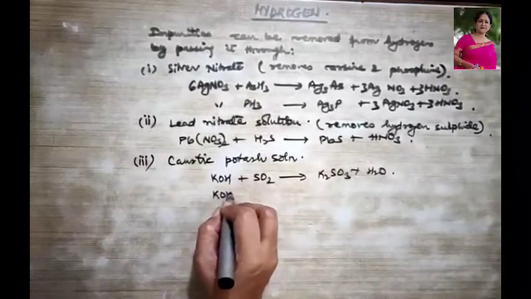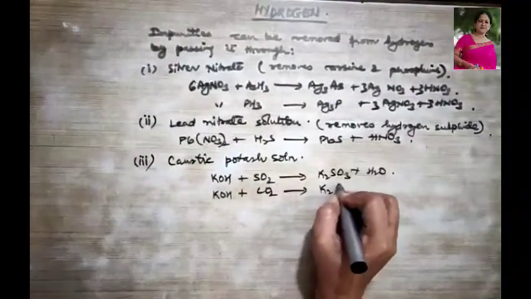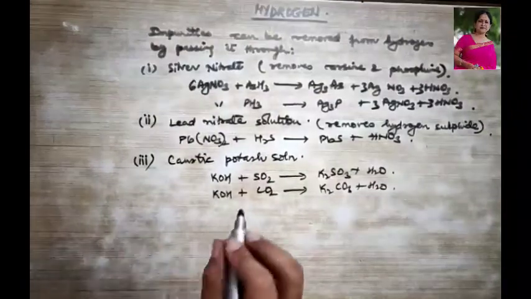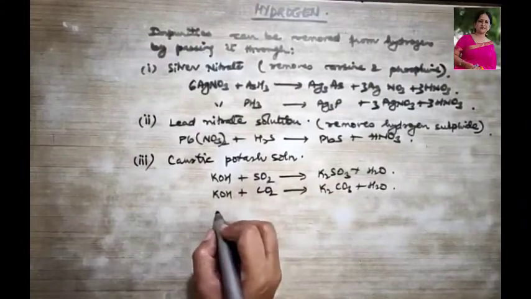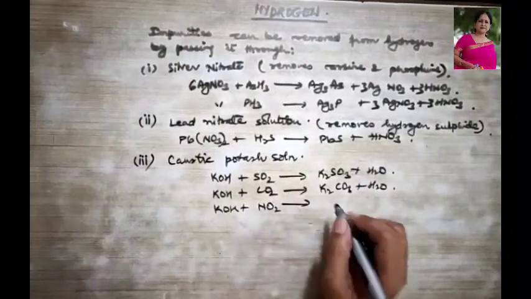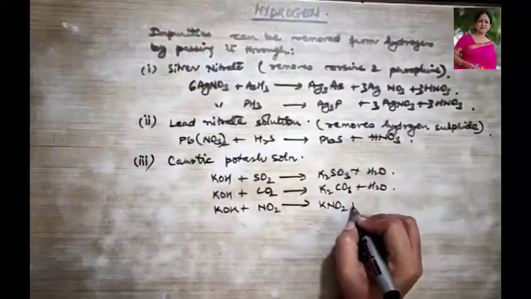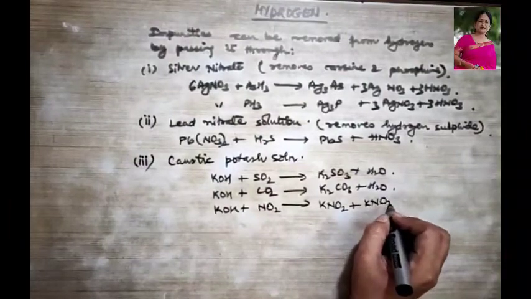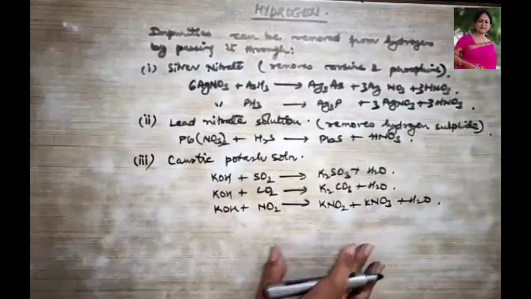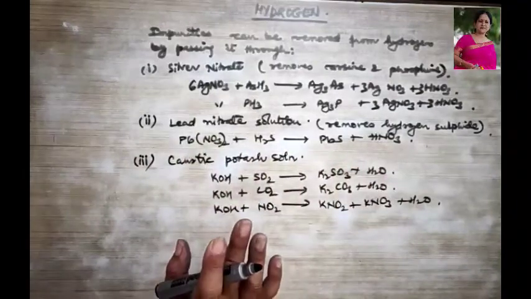KOH can also remove carbon dioxide, forming K2CO3 plus H2O. And for the oxides of nitrogen, KOH can be added also, and it will form potassium nitrite plus potassium nitrate, and water will be formed over here. Clear? So this way we can remove all the impurities.